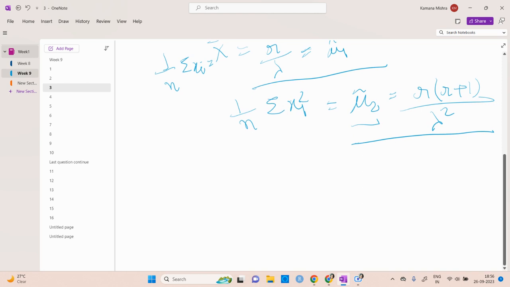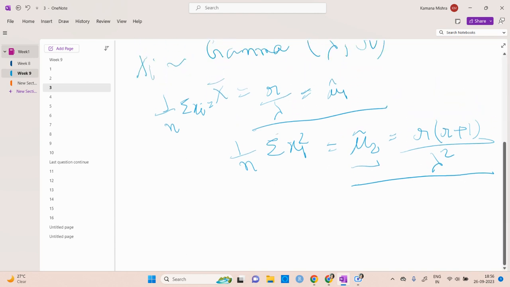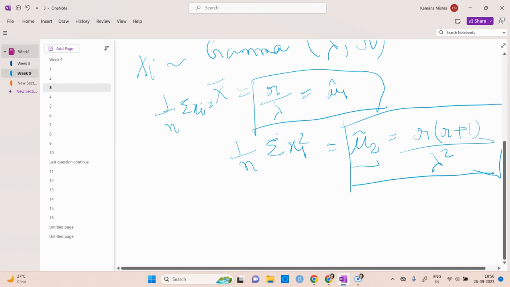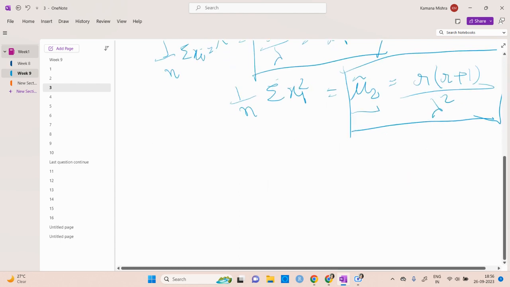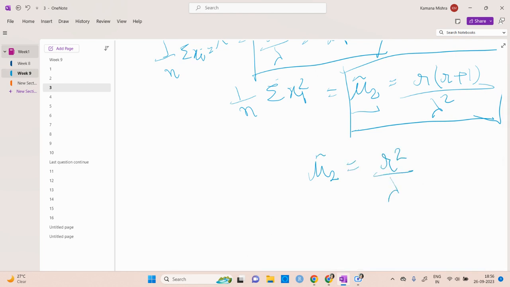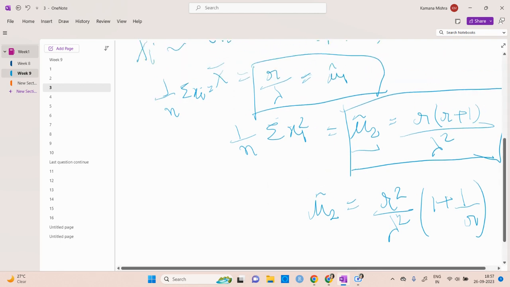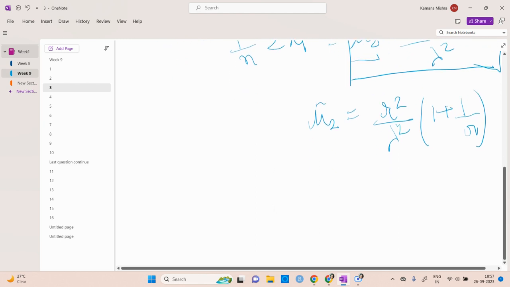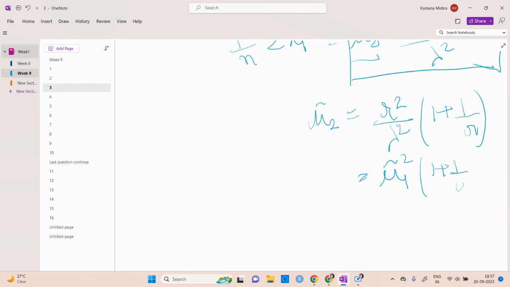Okay. So now what we need to do is solve these two equations so that we can find the answer in terms of mu1 cap and mu2 cap. Now we can write mu2 cap as r square upon lambda square times (1 plus 1 upon r). Basically we are taking r common from here. And r square upon lambda square is mu1 cap square. So this is mu1 cap square times (1 plus 1 upon r).